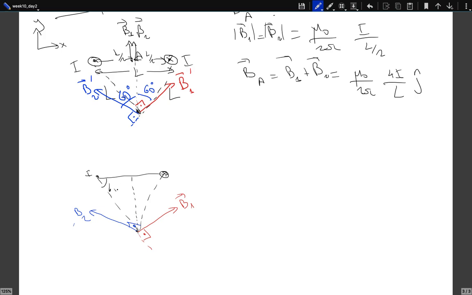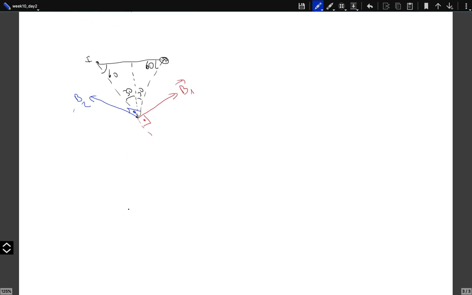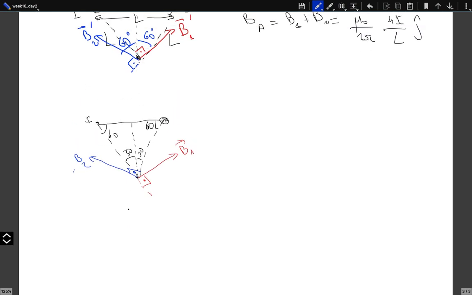So you see, this is 60, this is 60, this is 30, this is 30. Okay, now this is a better figure. So you see, this red line makes 90 degrees with this one.